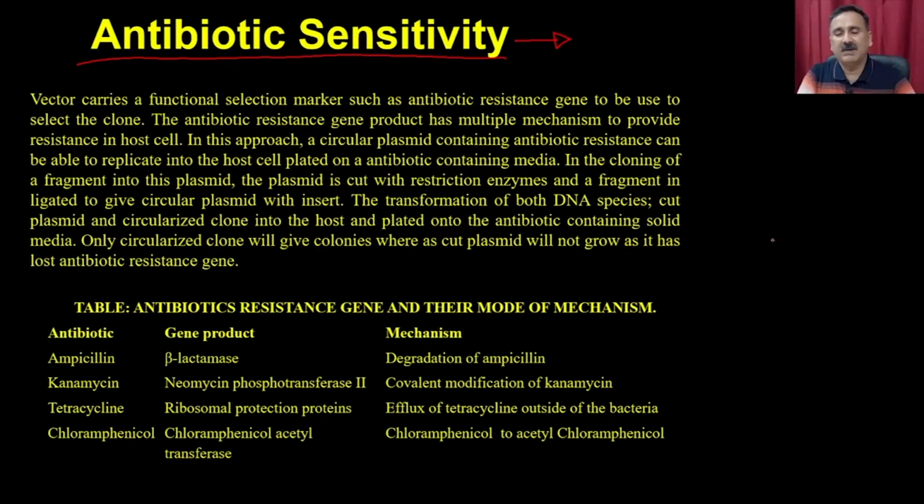For example, there are antibiotics which disrupt the translation steps, there are antibiotics which disrupt transcription, and there are other antibiotics which disrupt protein synthesis. So if you add the antibiotic into the media, it will not allow the propagation of the normal bacterial cells, right? Because it is going to disrupt some of these crucial metabolic pathways.